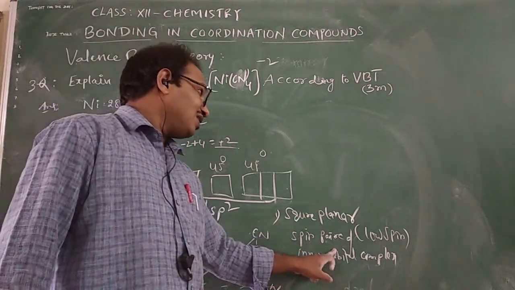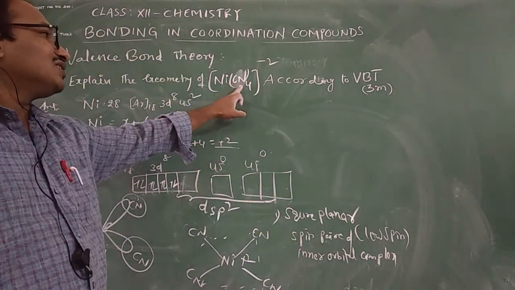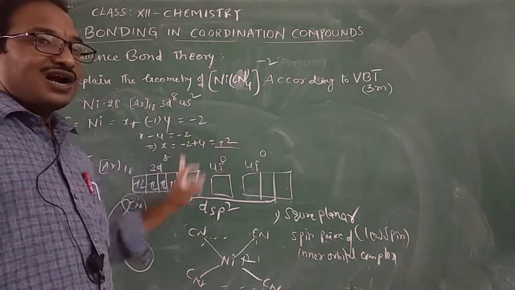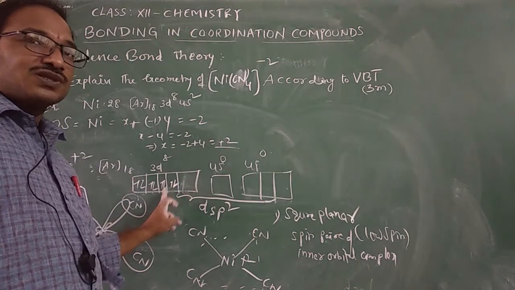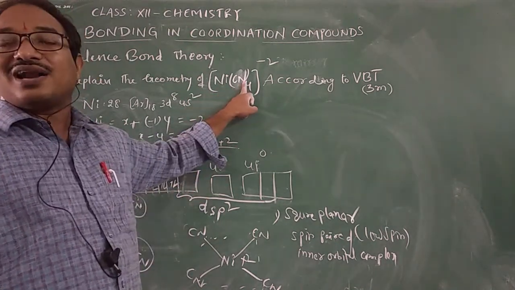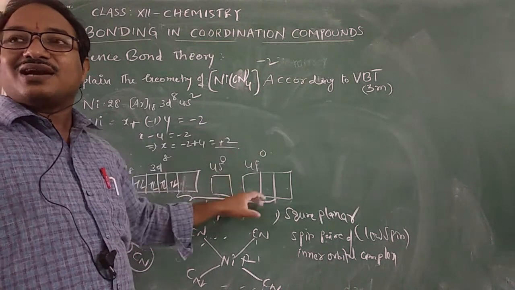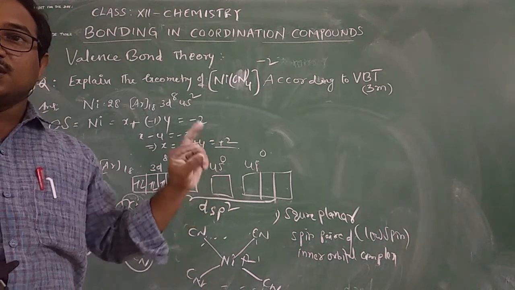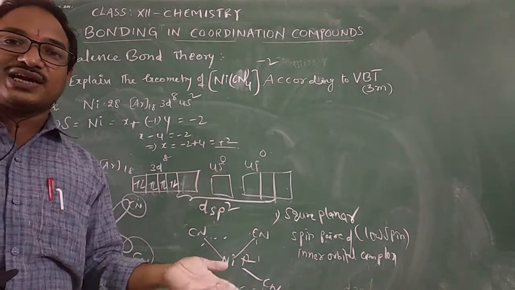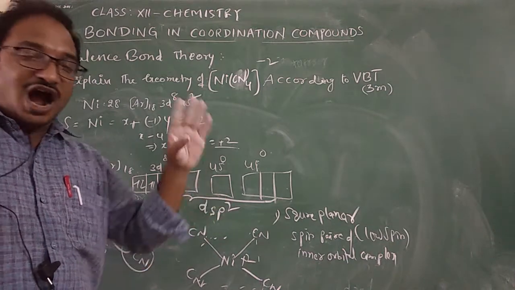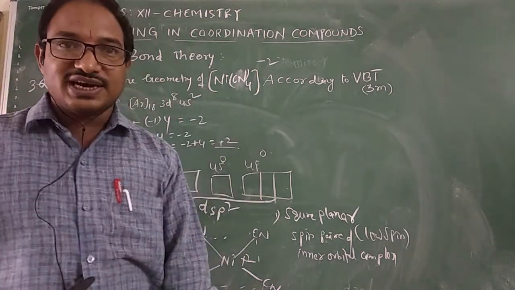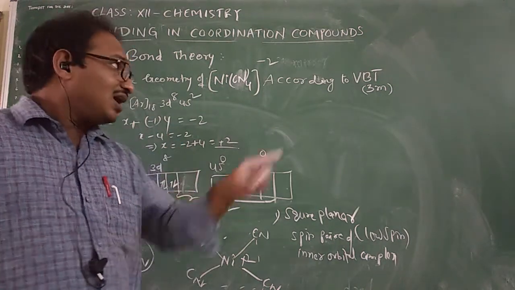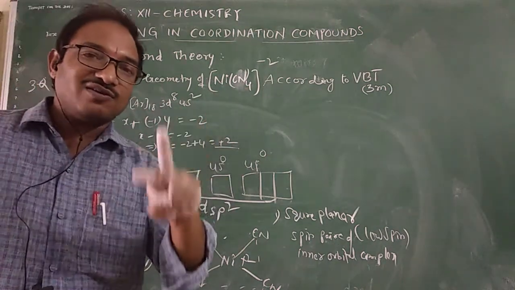When strong field ligands are there, the electrons get paired against Hund's rule. When fluorine and chlorine are there, they are weak ligands. Ammonia and cyanide are strong ligands.